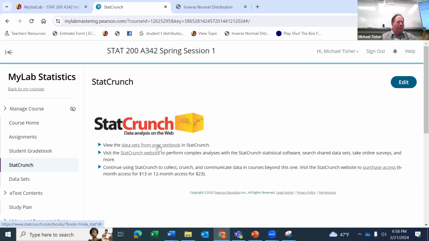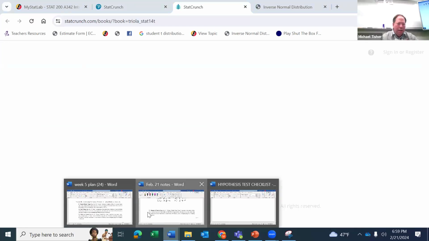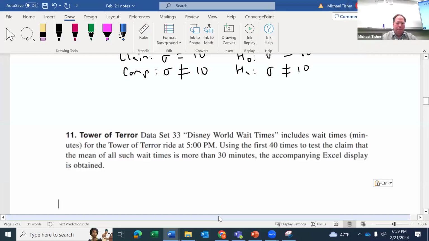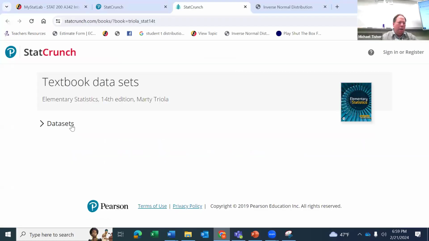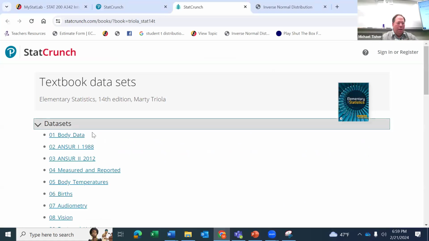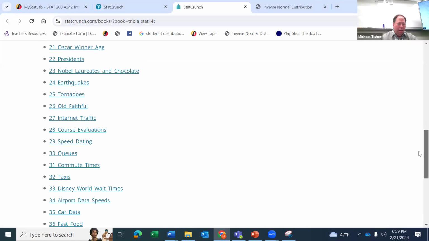Okay, so we'll go to data sets from your textbook. And let's see, we're interested in data set 33, Disney World wait times. So we'll click on this drop down arrow and look for 33. Okay, here it is, 33 Disney World wait times.